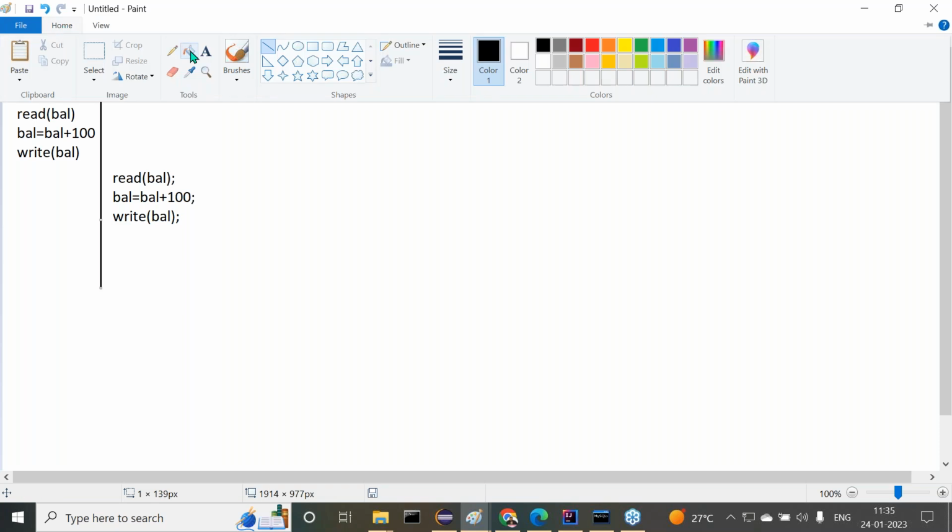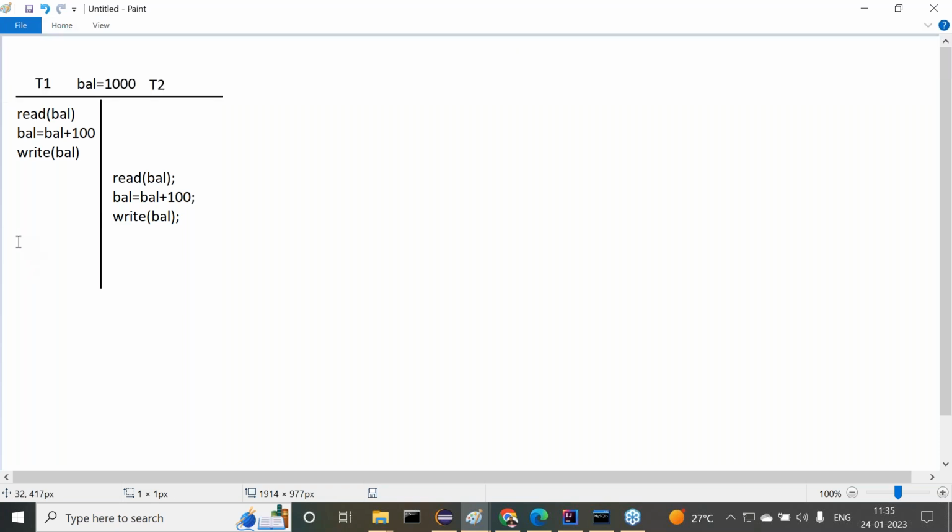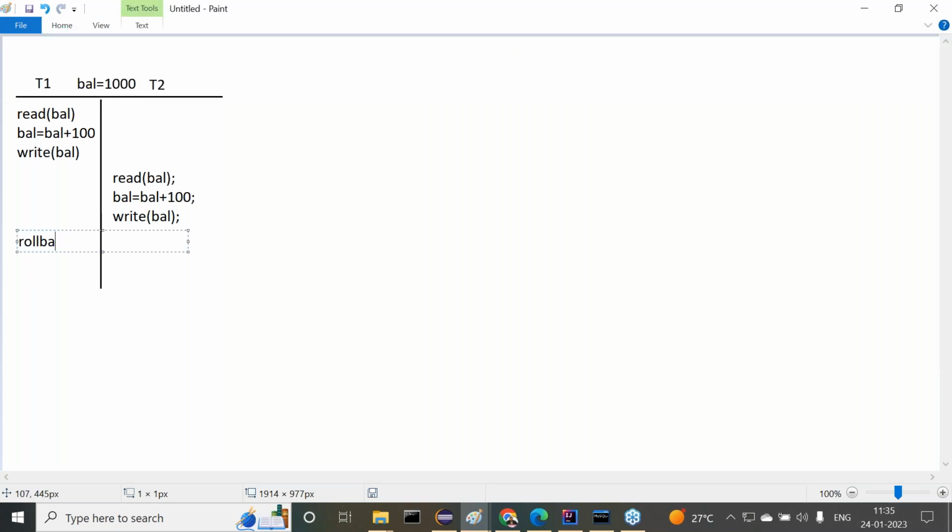Now in this case, what happened? The T1 transaction is performing a rollback operation. After that, the T2 transaction performs the commit operation. Understand it clearly. The rollback says this update is lost, but the read operation was performed over this uncommitted data.